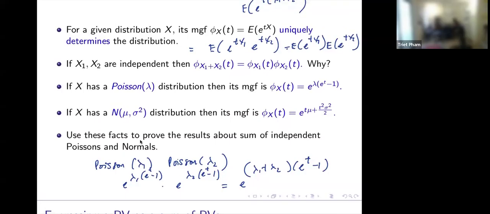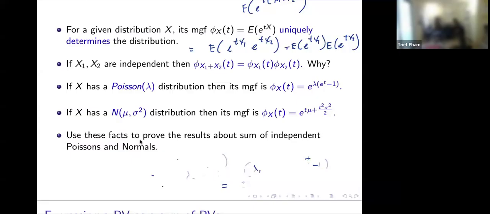Okay. So for the normals, it works the same way, but now we need to use the MGF of the normal. So let me write on a separate paper. Now we will look at e to t mu1 plus t squared sigma 1 squared over 2.